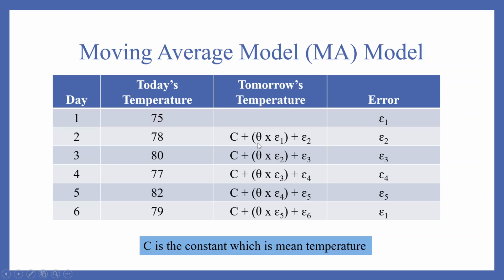So C plus theta into epsilon 1 plus epsilon 2. Third day, C plus theta into epsilon 2, which is this, plus epsilon 3. Fourth day, C plus theta into epsilon 3 plus epsilon 4. Fifth day, C plus theta into epsilon 4 plus epsilon 5. Sixth, C plus theta into epsilon 5 plus epsilon 6.